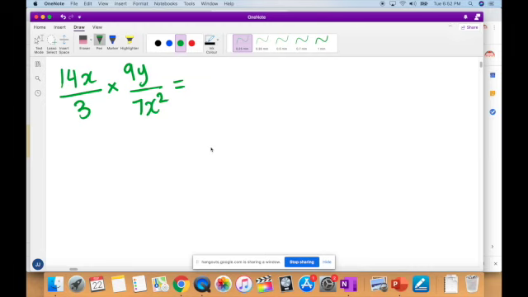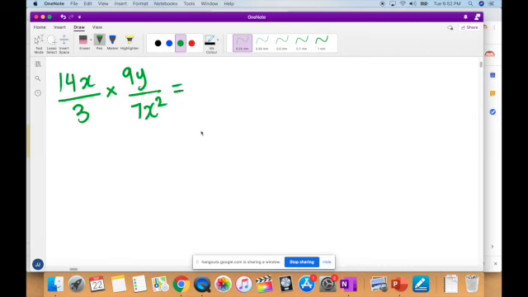Over 3x. 18y over 3x? How is it that? Explain. I cancel the 7 with the 14, so 7 into 14, I'll have 2 here. I'll cancel the x next to the 14 with one of the x's, so 1 goes here.